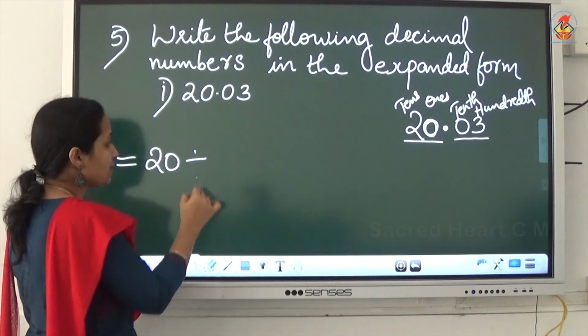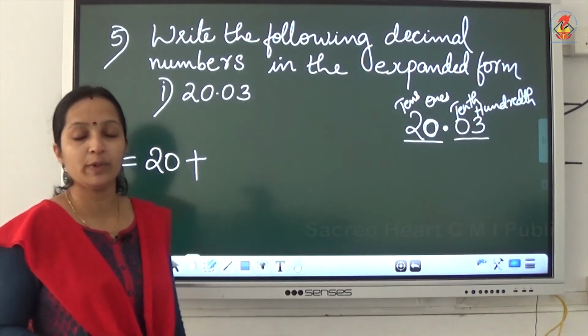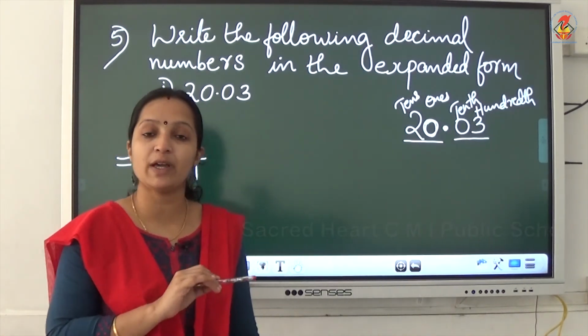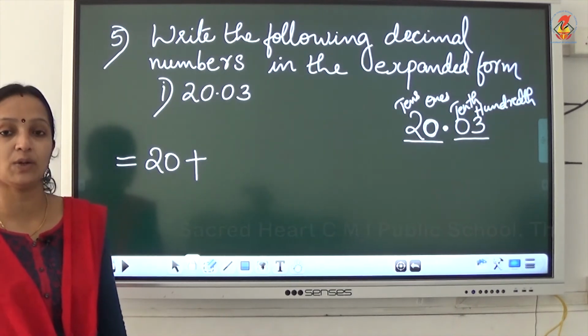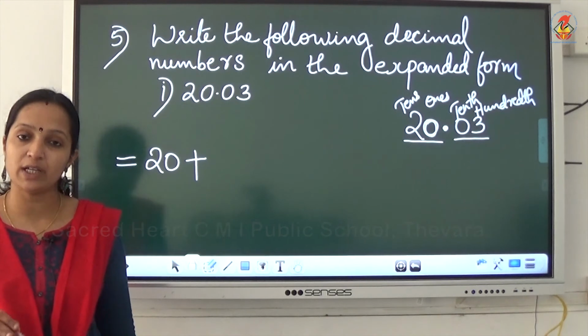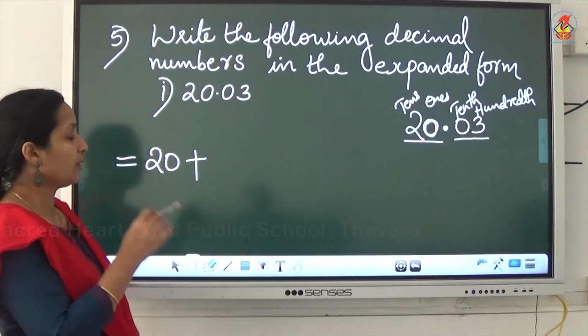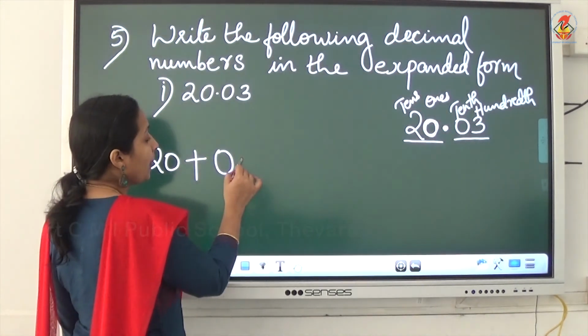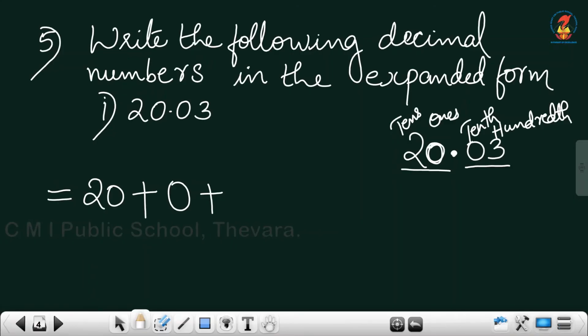20. Plus, what is the place value of 0? We already studied that the place value of 0 is always 0 regardless of the place it occupies. So 0. Plus, again, the place value of the next 0 is 0 itself.